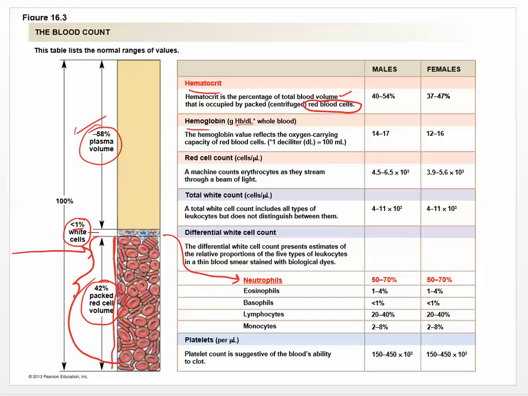Hemoglobin, which is inside red blood cells. And then some other terms we won't be talking about, but there's also red blood cell count. They can count it in a special way where they send it through a beam of light. And then total white count. Now, when you read somebody's labs, you'll get a total white blood cell count, and if that's elevated, remember what white blood cells are for.